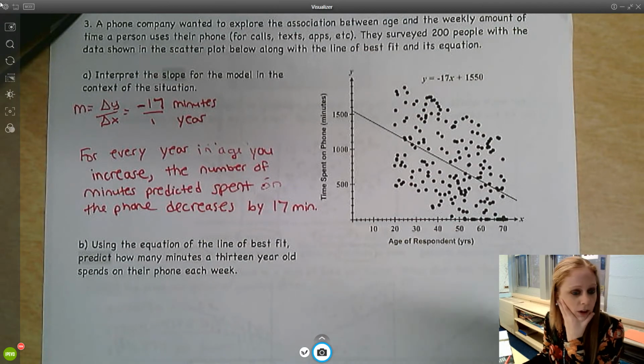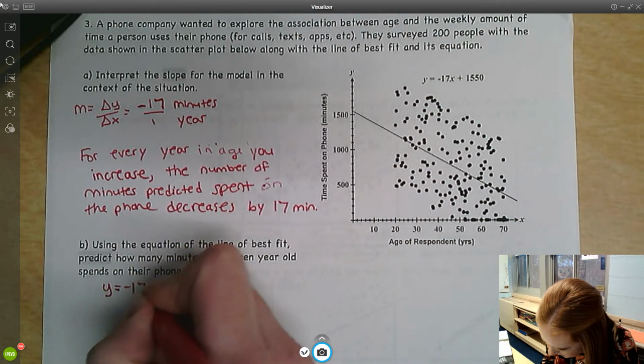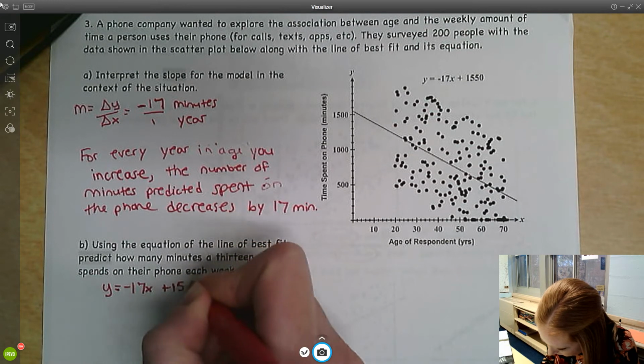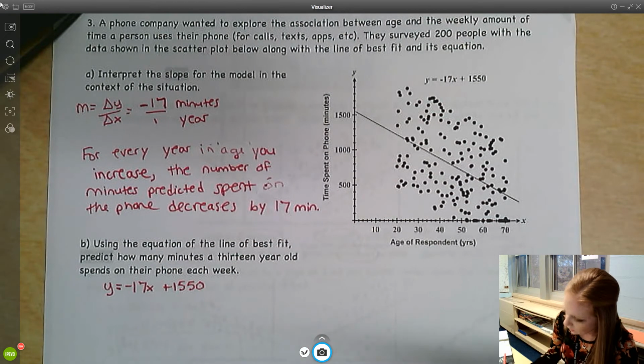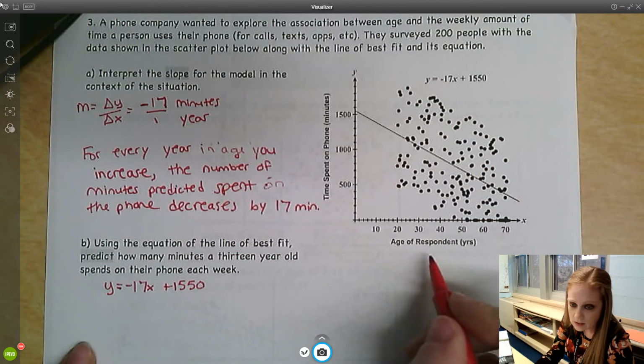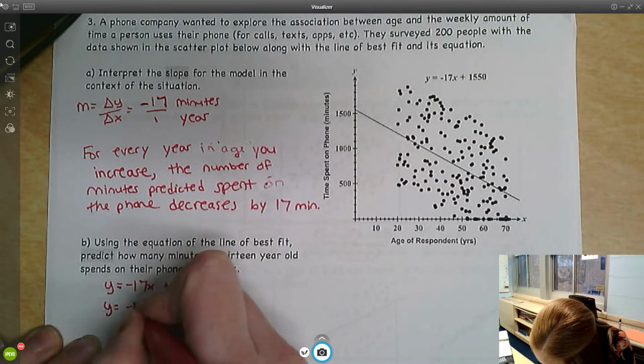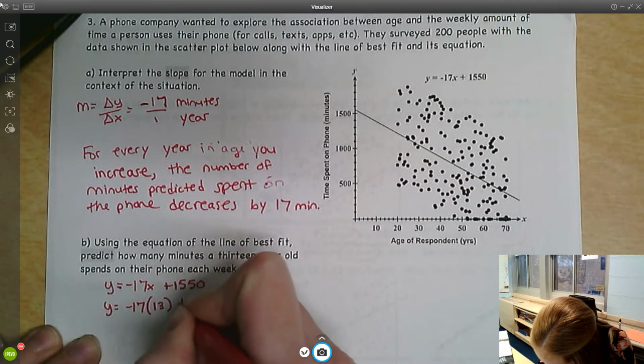Using the equation of the line of best fit, predict how many minutes a 13-year-old spends on their phone each week. So our equation is y equals negative 17x plus 1,550. Okay, so that means that for a 13-year-old, age is x, right? X is age. So we're going to plug in 13 for x.